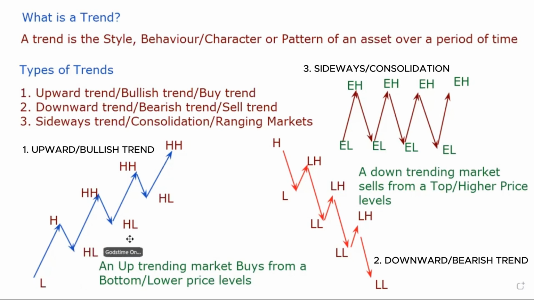Then in a downtrending market, we sell from the highs. Are you getting me? So all these areas where you see high, lower high, these are areas where we sell from. Whereas these areas where you see higher low, these are the areas we buy from. So we buy in an uptrending market while we sell in a downtrending market.